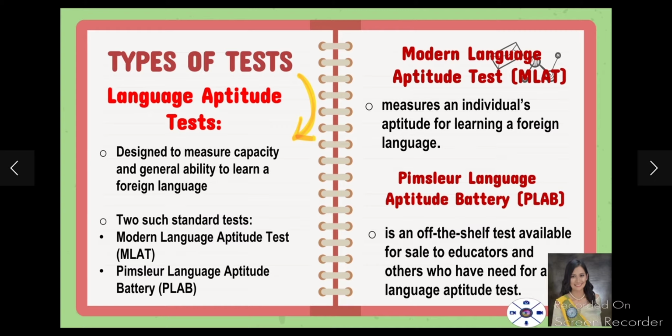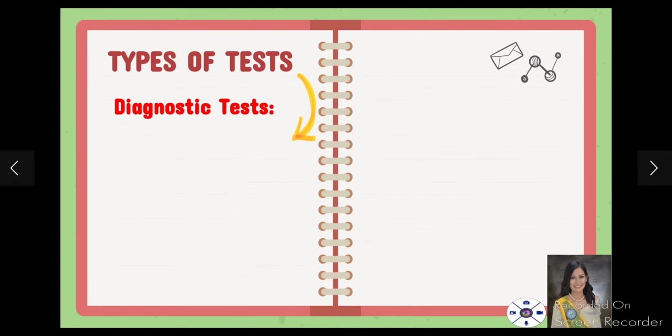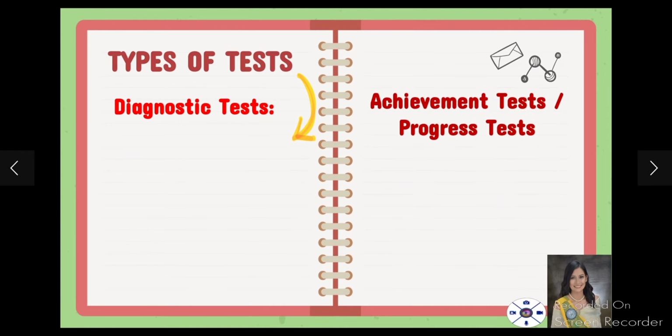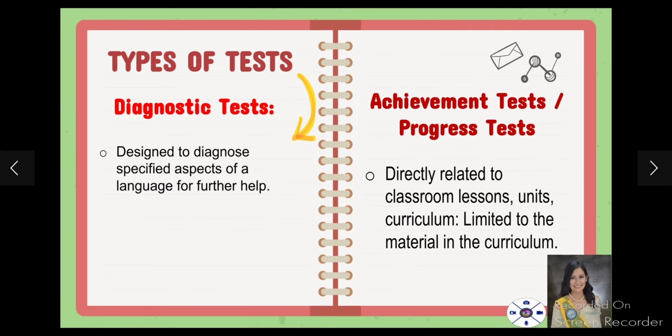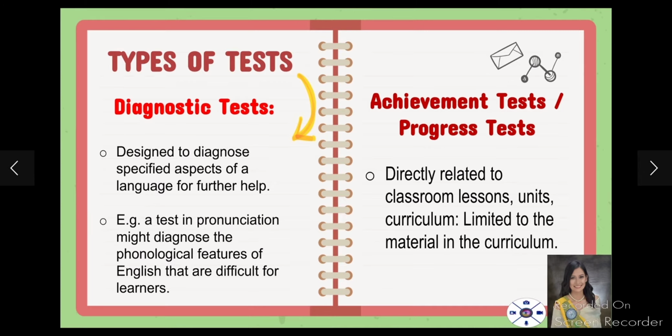So next test is the diagnostic test. This is designed to diagnose specified aspects of a language for further help. For example, a test in pronunciation might diagnose the phonological features of English that are difficult for learners.